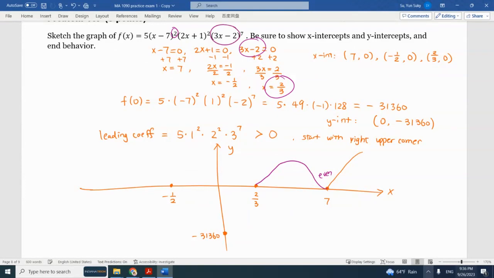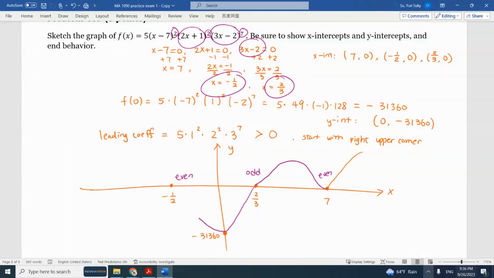It corresponds to the factor 3x minus 2. And the multiplicity is 7, so odd, you cross. Great, we cross and we can connect the y-intercept too. And then the -1/2 is right here. It corresponds to the factor 2x plus 1. Do you see the multiplicity is 2? So it's even, we bounce off.